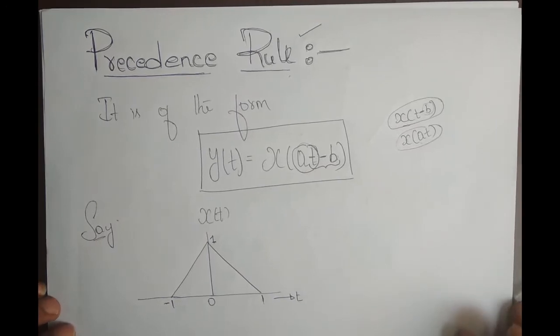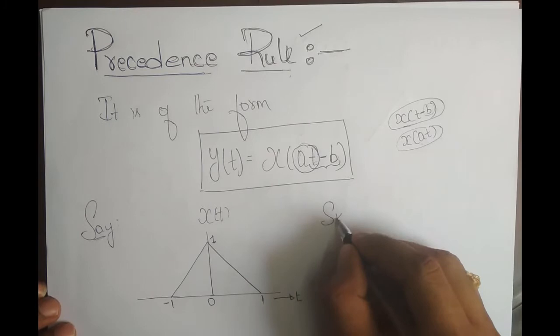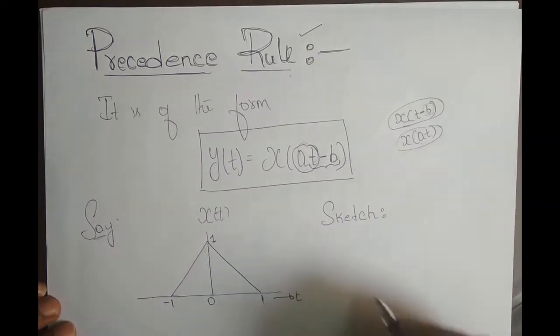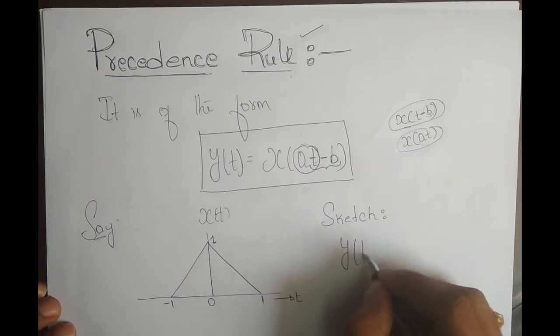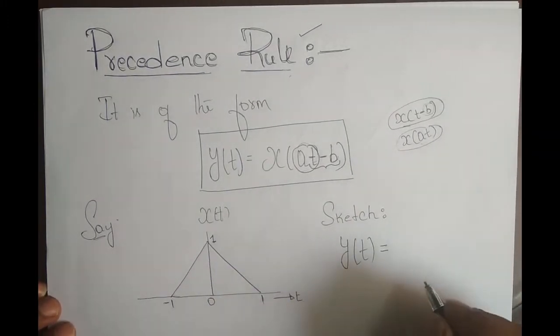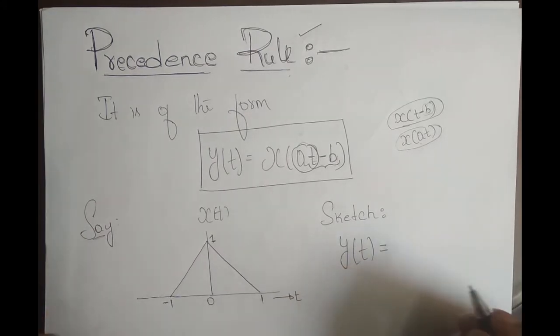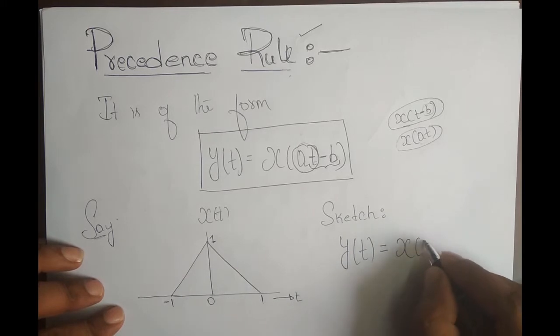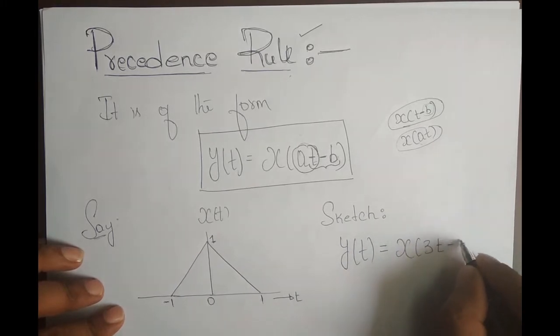So this is my x of t, and if I ask you to sketch the signal y of t, which is equal to x of 3t minus 2.